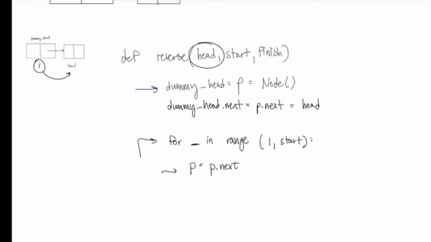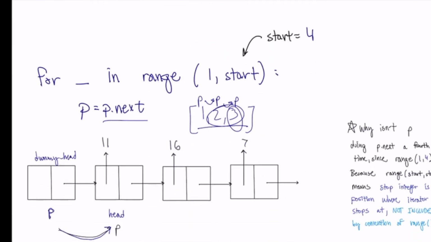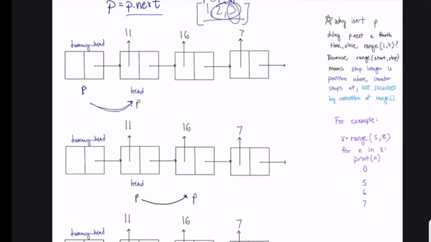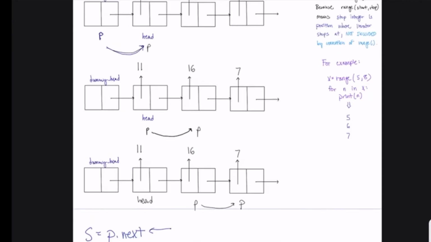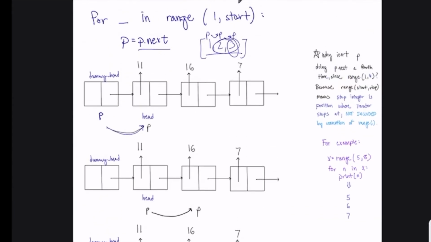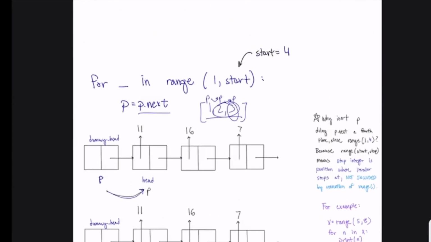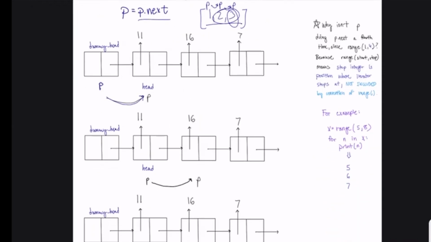So in this example, p equals p.next will iterate 3 times: from dummy head to the node that contains 11, then from 11 to the node that contains 16, and then from 16 to the node that contains 7. 3 times, because remember, range 1 to 4 means that we are only iterating for iterations 1, 2, and 3.